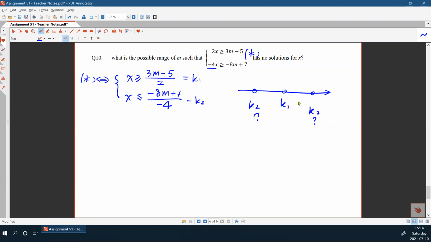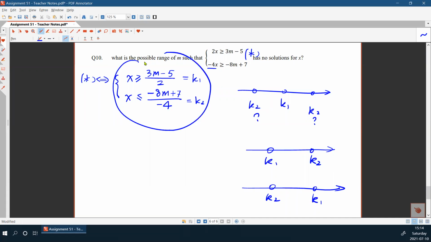If k1 is to the left of k2, or in other words, if k2 is to the left of k1, what will happen? This is the first case, and this is the second case, right? In the first case, the inequality says x is greater than k1, less than k2. Of course, there is an overlapped area. This is the solution for x, right?